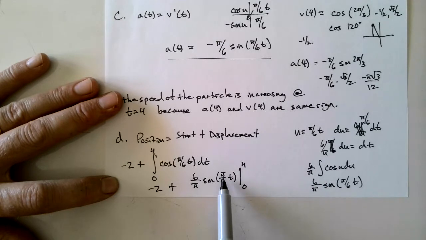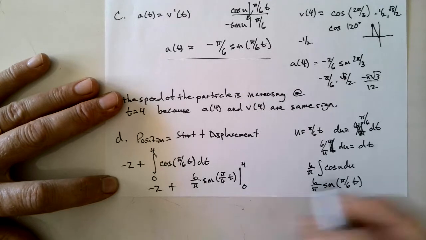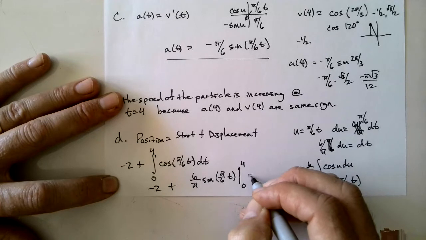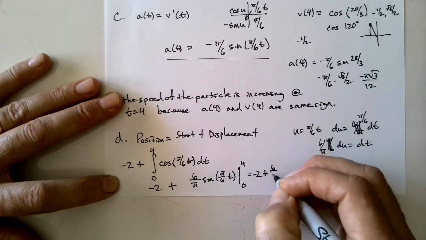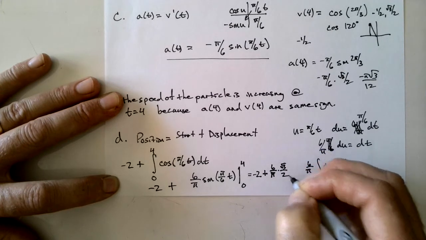All we need to do here is just plug in 4. And so you have the sine of 4 pi over 6, or 2 pi over 3. We've already determined that the sine of 2 pi over 3 was the root of 3 over 2. So we get negative 2 plus 6 over pi times the root of 3 over 2.